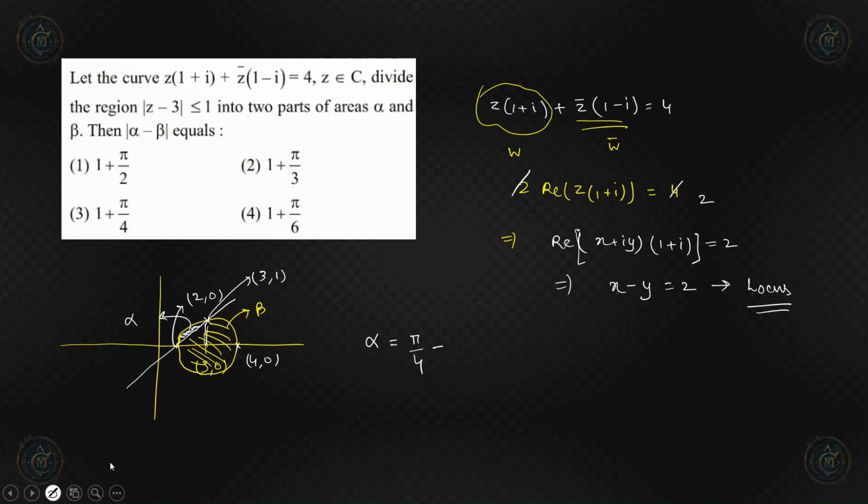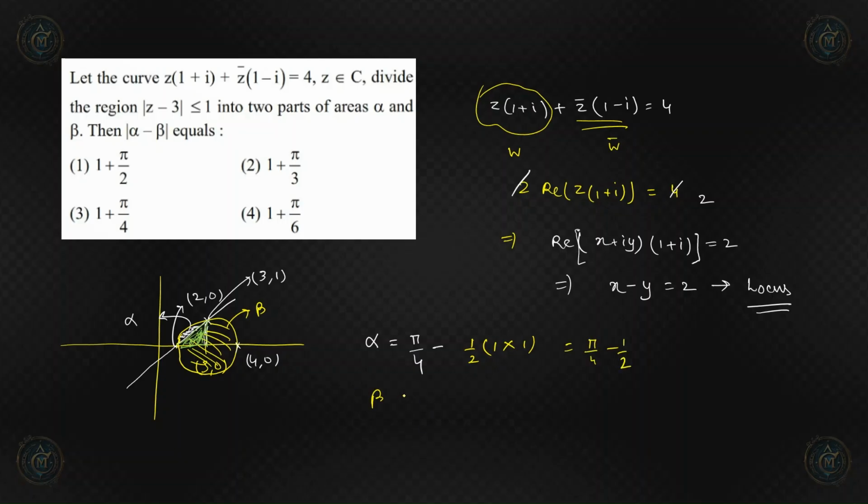This point here will be (3, 1). The area of this triangle, which I am shading with this green color, is half into 1 into the base length 1. So alpha is basically pi by 4 minus half.